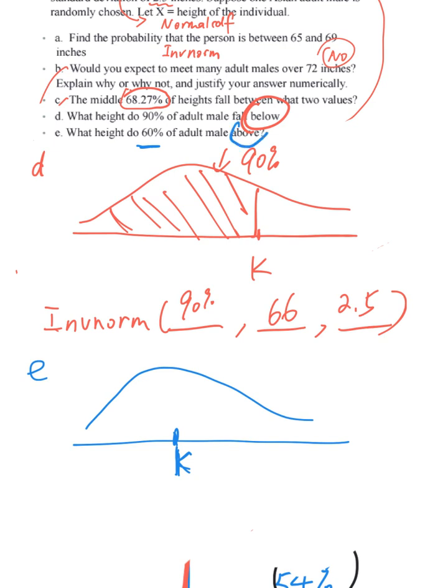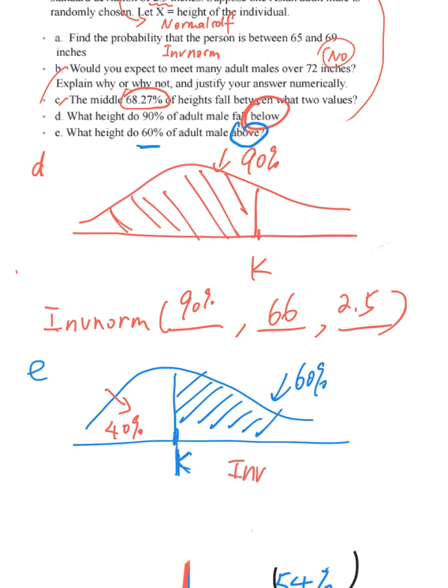So this is our keyword. We want to find a height. We have 60% of observations above this value, so it's bigger than this value. Then we will have 40% of observations less than this value. So for my inverse norm, my first input should be 40%, and then the mean, and then the standard deviation.